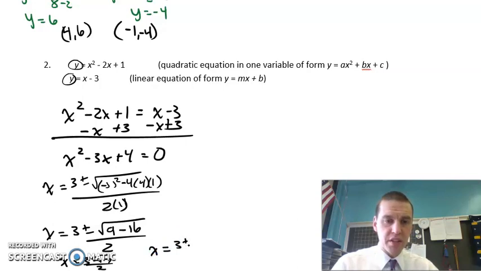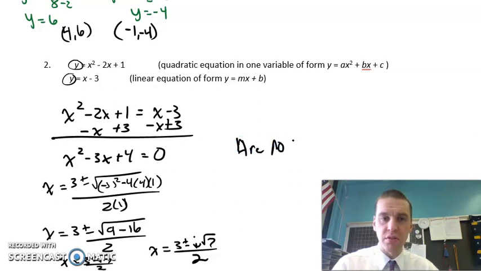And so you realize what we get is an imaginary root. And so where are they equal? There are no real solutions.